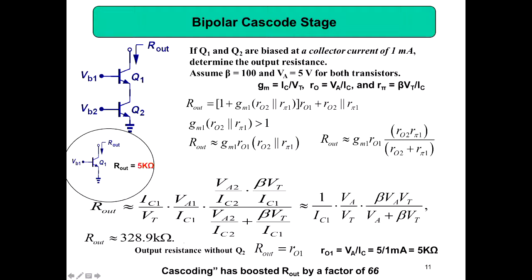Cascoding has boosted your RO by a factor of about 66 times, using a simple transistor connection. So that's the reason for cascoding: it will definitely increase the output impedance of the current source.